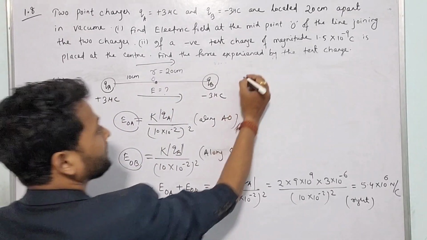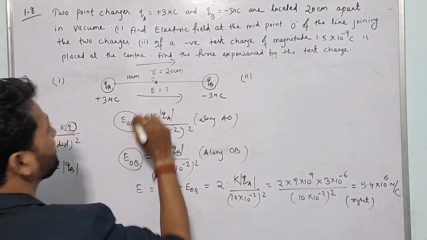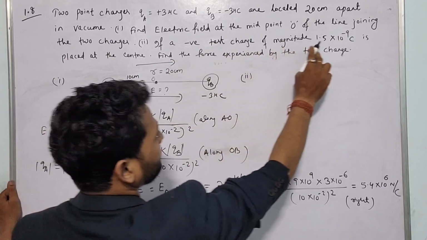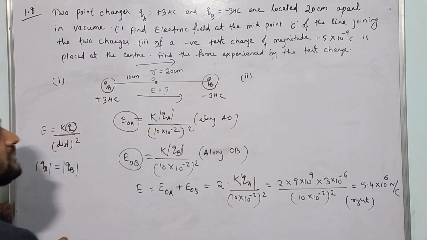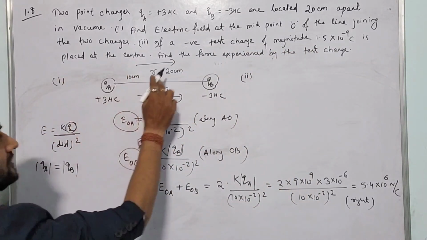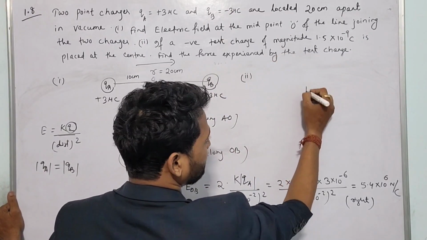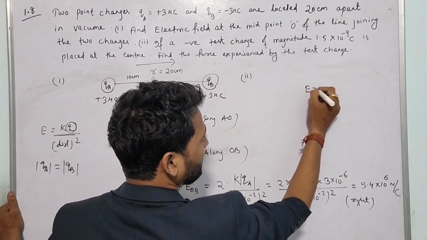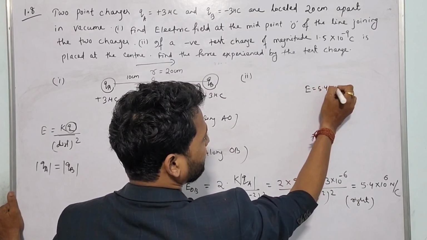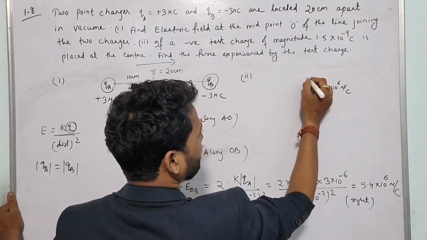First bit clear? Coming to the second bit. What is the second bit? If a negative test charge of magnitude 1.5 into 10 to the power minus 9 coulomb is placed at the center, find the force experienced by the test charge. We got the electric field as 5.4 into 10 to the power 6 Newton per coulomb at this point.